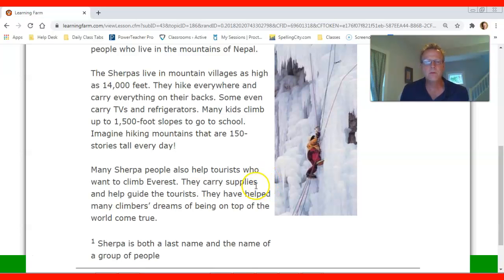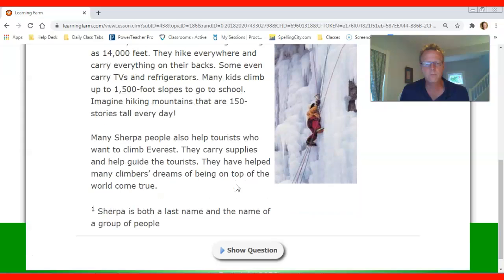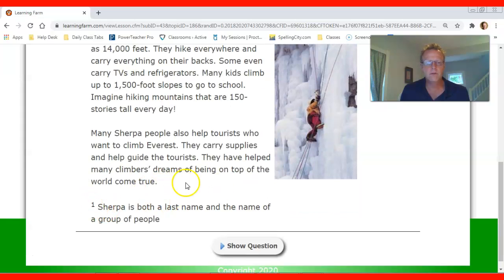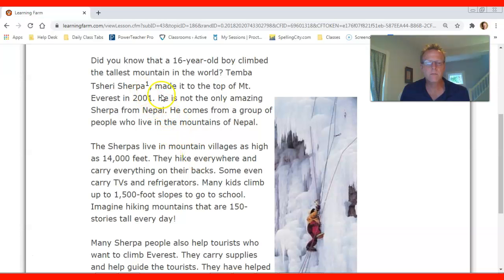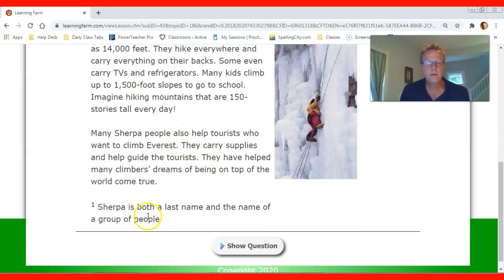They have helped many climbers' dreams of being on top of the world come true. Notice a little footnote down here. Sherpa. See the one up here? It says Sherpa is both a last name and a name of a group of people. All right, so that's helpful to know.